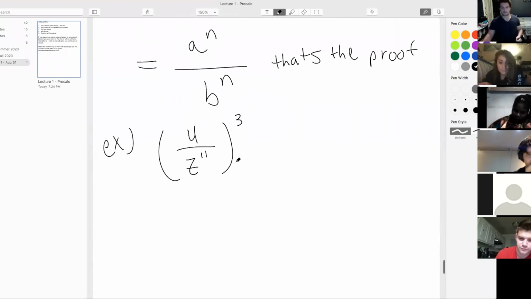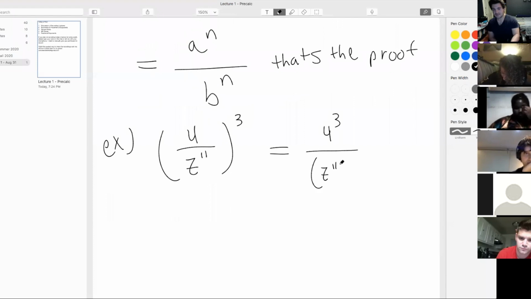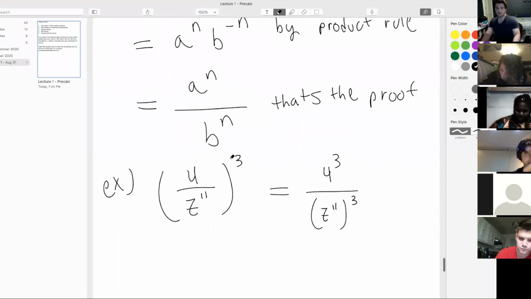The quotient rule tells us I can just raise the top and bottom to that power. So this would be 4 to the 3rd over z to the 11th to the 3rd. I just used the quotient rule. I moved this power of 3 to the top and bottom.